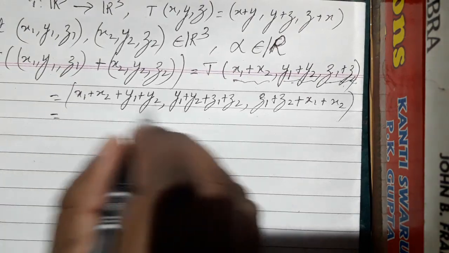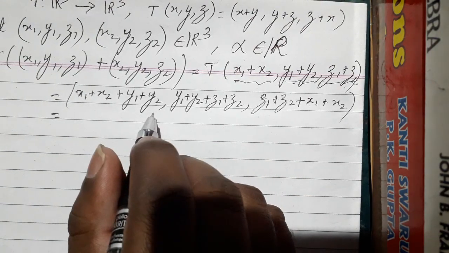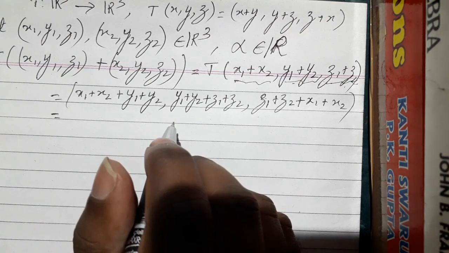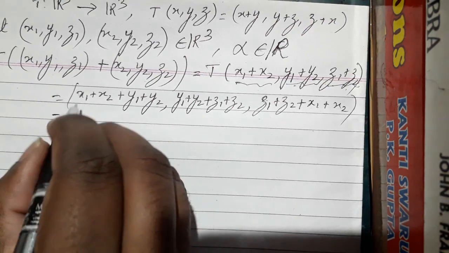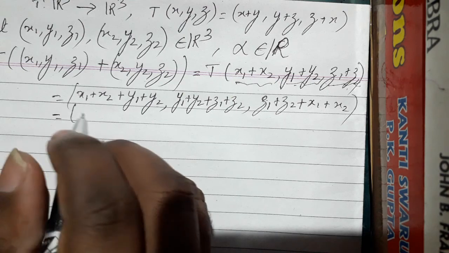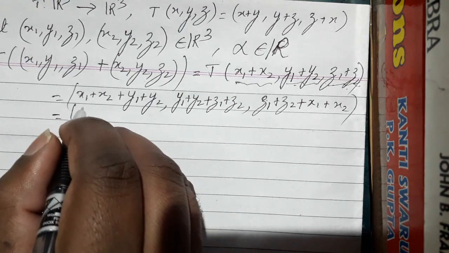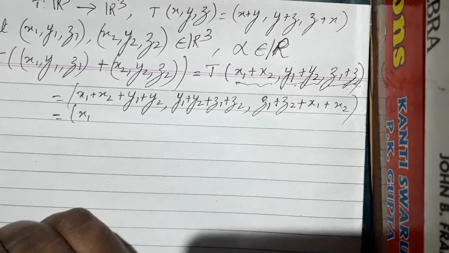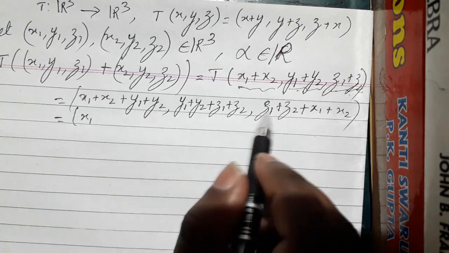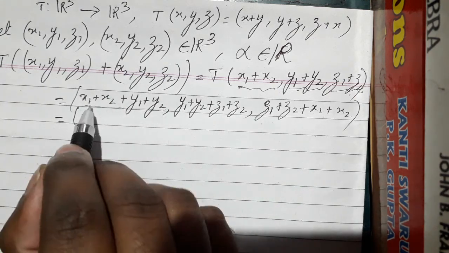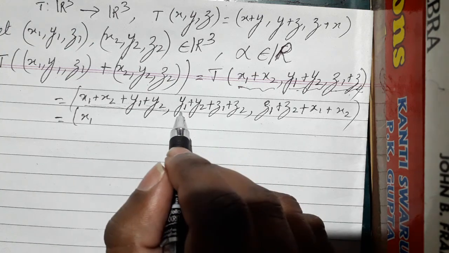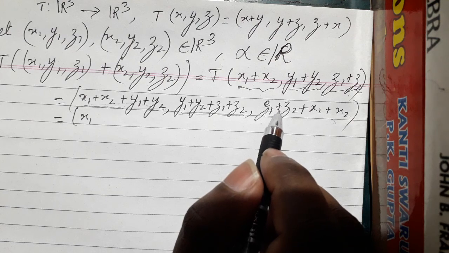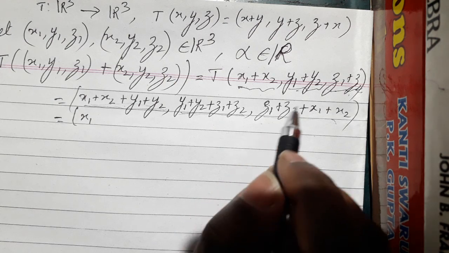Since R3 is a vector space, it is an abelian group under addition, so we can interchange these. If it were not an abelian group under addition, we could not do that. These are all elements of the real numbers, and R is an abelian group under addition, so we can interchange them.